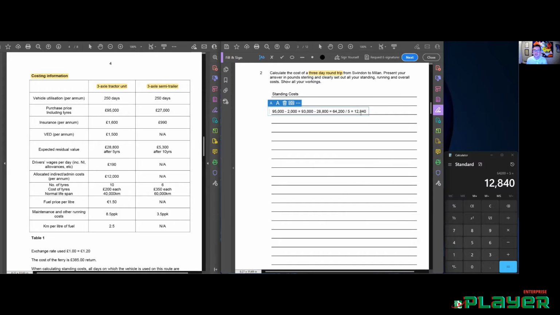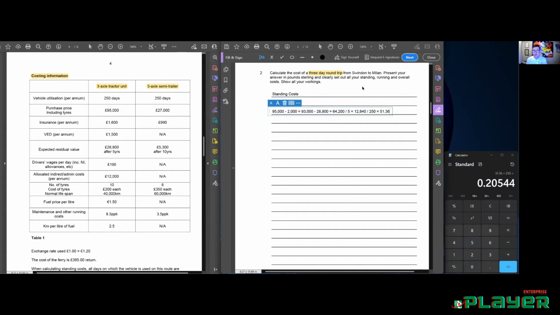That's how much I lose on it per year. To work out how much I lose per day, I need to divide that by the utilization, which is 250. So divided by 250 equals £51.36 a day.